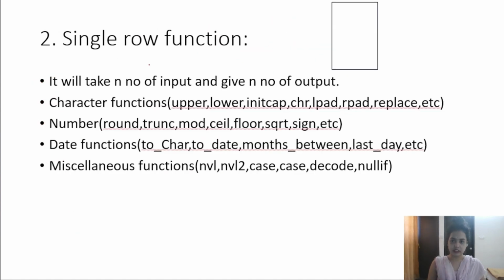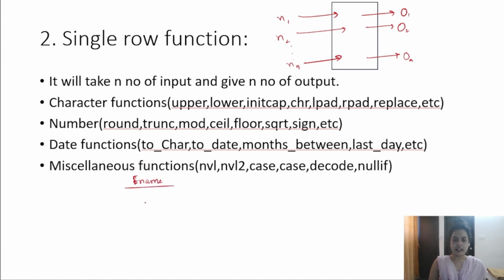Now, a single row function will take n number of inputs and give n number of outputs. So if I give n1, n2, up to nn, you'll get the output like this. How would it work? Remember in sal, suppose I have a column employee name, and I have x, y, z, p, q, r, and a, b, c like that.